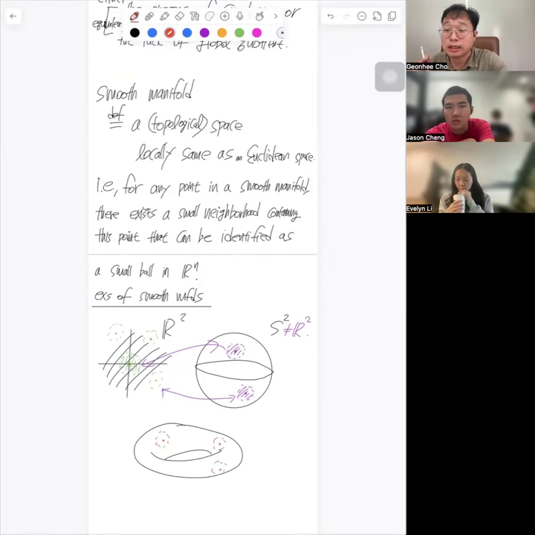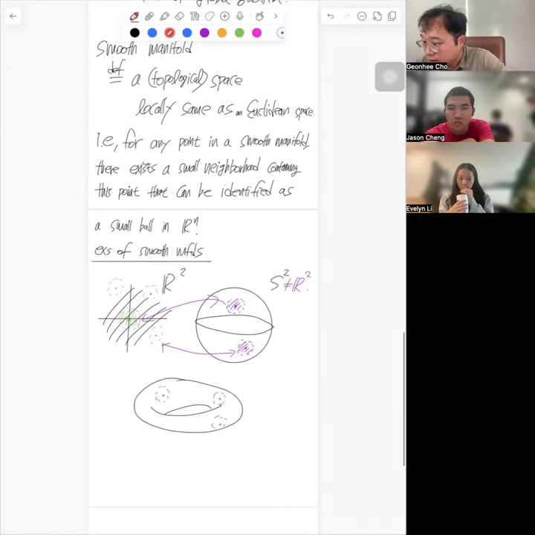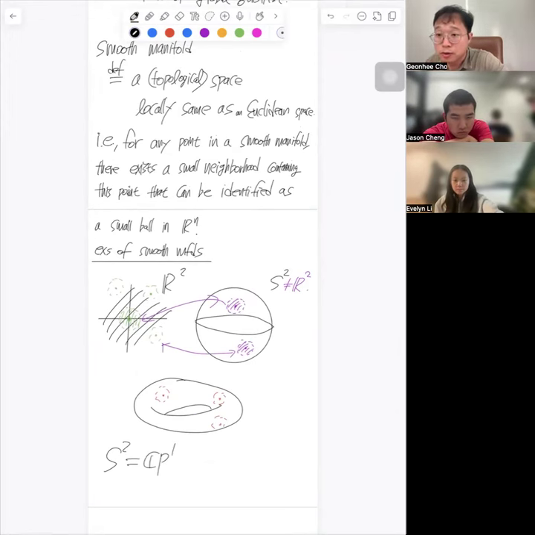Those are the examples of smooth manifolds. Is that okay with you? By the way, the reason the global quotient plays a role is that you can see that CP1 is the same as S3 quotiented out by S1 globally.